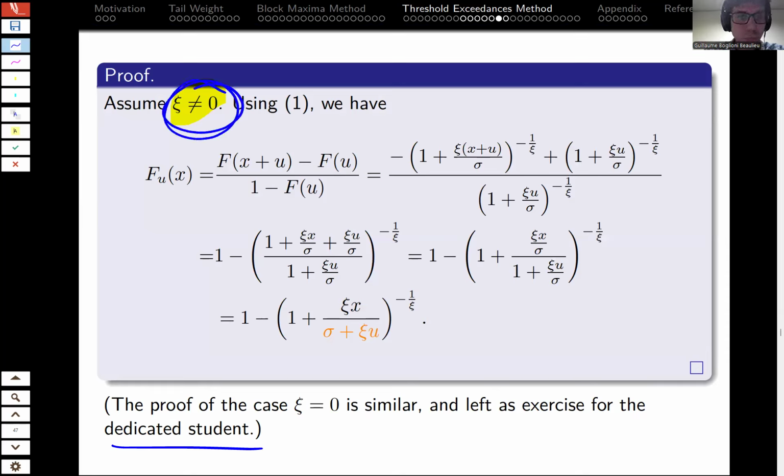Now, for the proof in the case of c is not 0, let's just start by the definition of f little u. This is what we had before. We're going to replace the F by what it is. Here again, we assume that X is exactly a two-parameter GPD.